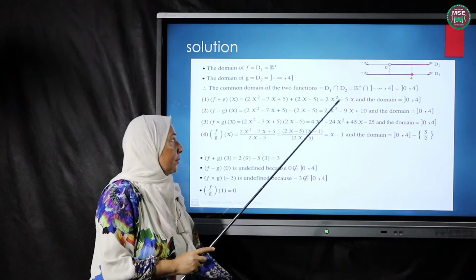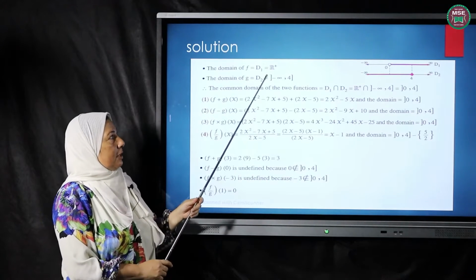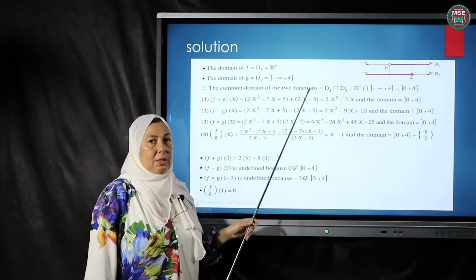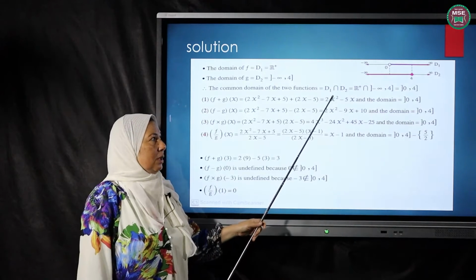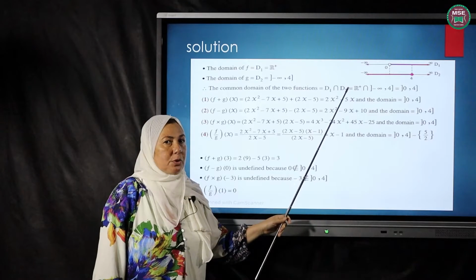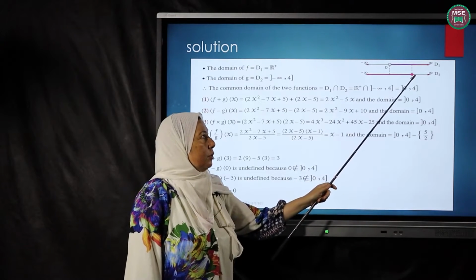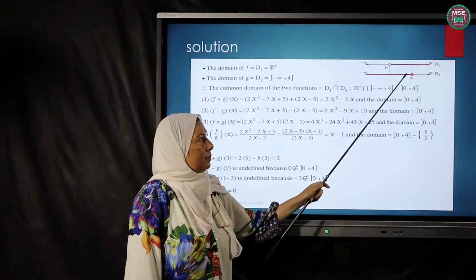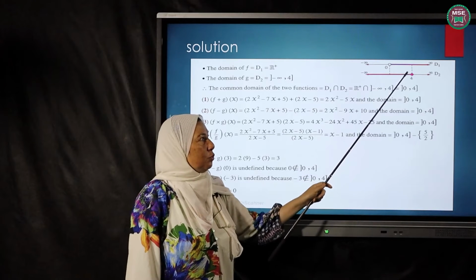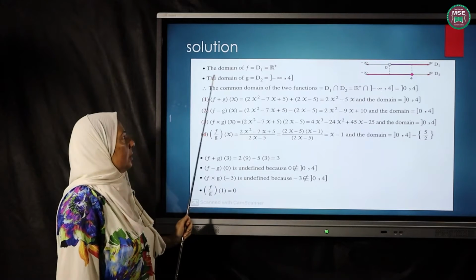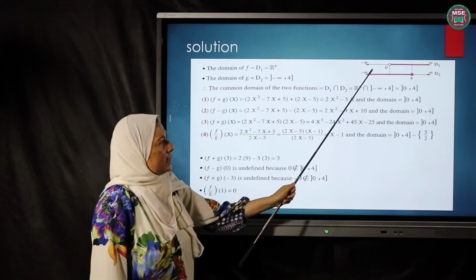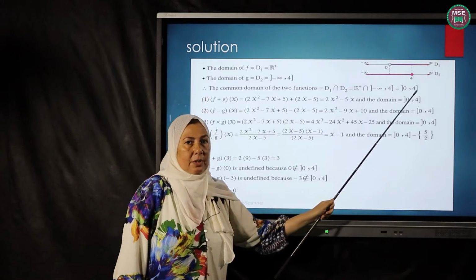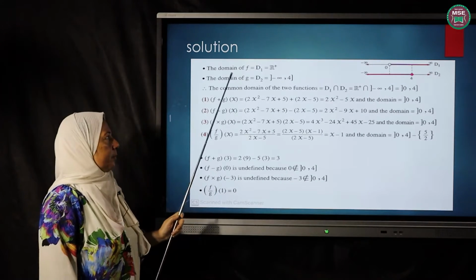The common domain between them equals d1 intersection d2, the positive real numbers intersection negative infinity to 4, the part between them. So d1 intersection d2 equals (0, 4], an open interval, semi-open.